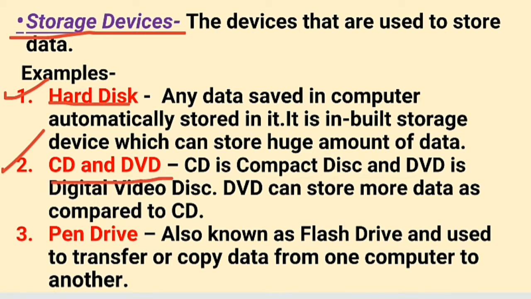Second is CD and DVD. CD is the compact disc and DVD is the digital video disc. They both are round in shape and they have a shiny and flat surface.